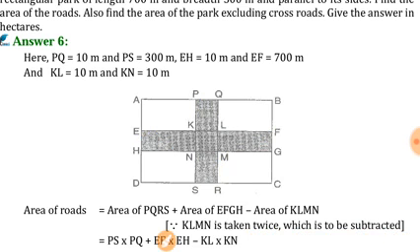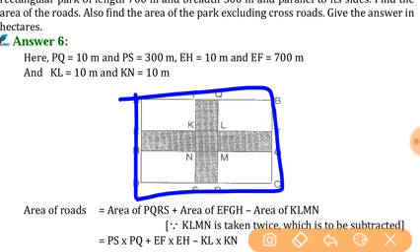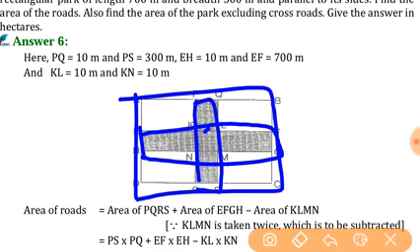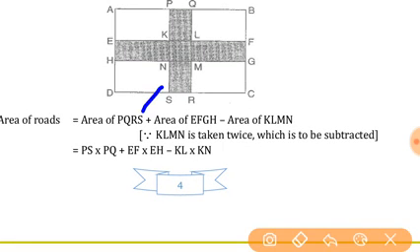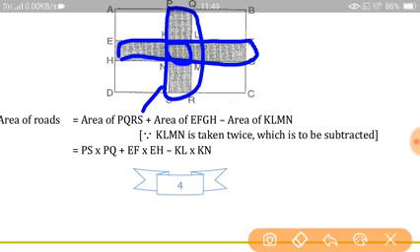PQ is 10, PS is 300, EH is 10 and HG is 700. Why do we have to find it this way? Because if we add the areas of these 2 rectangles, the common part KLMN is taken twice, so it has to be subtracted once. So total crossroad is area of PQRS plus area of EFGH minus area of KLMN.